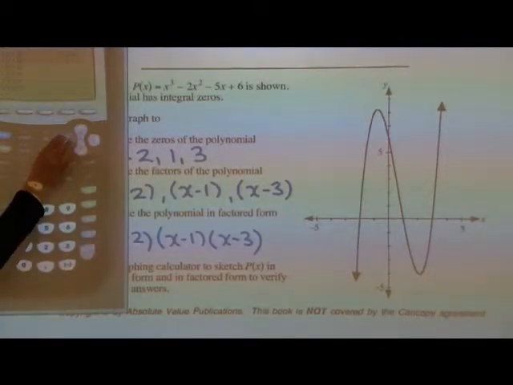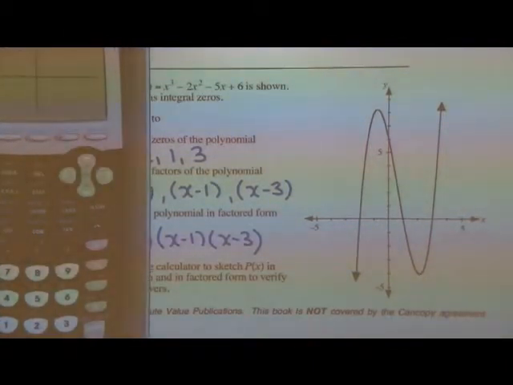If I scrolled over on the y2 and I made this line thicker, when I go to graph them, I could see what the 2 graphs look like.